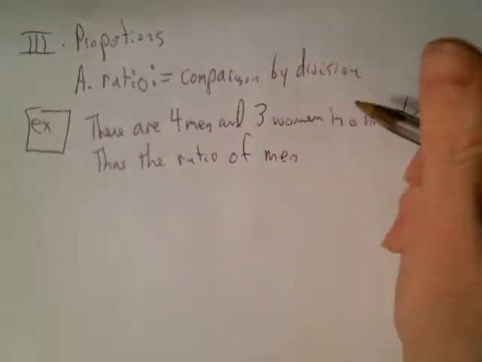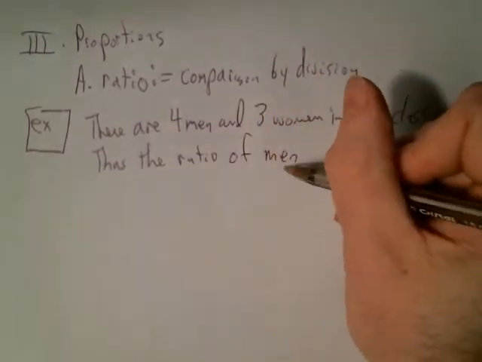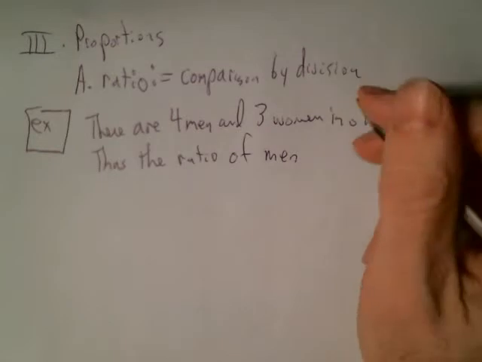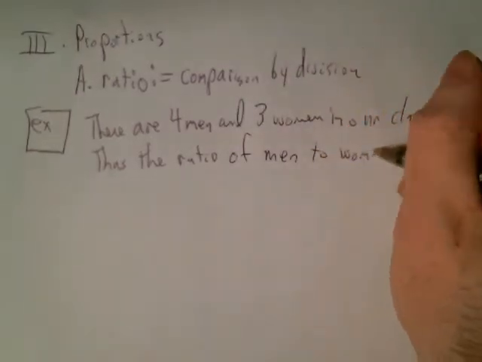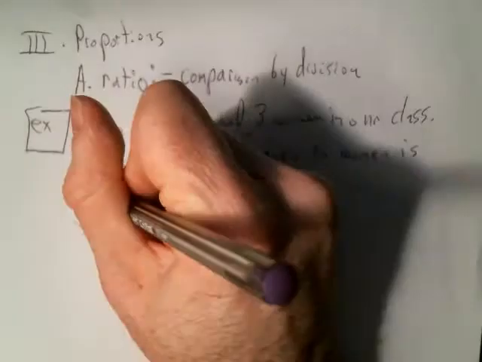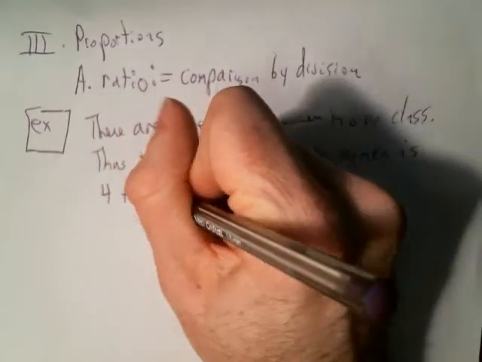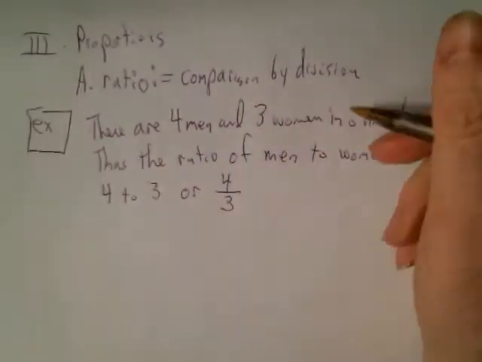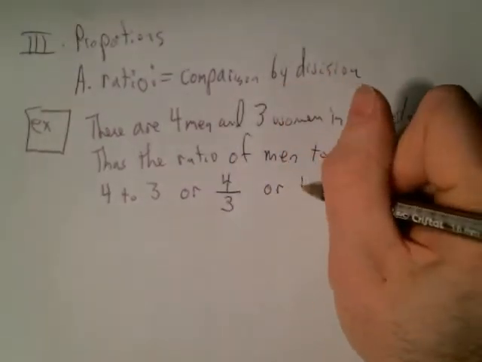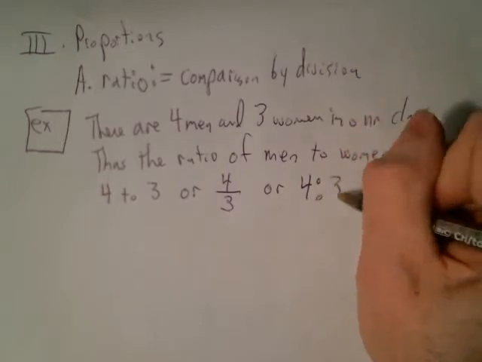You're going to put the first thing in the numerator and the second thing in the denominator. Another way they can also write it is with a colon, so 4:3.